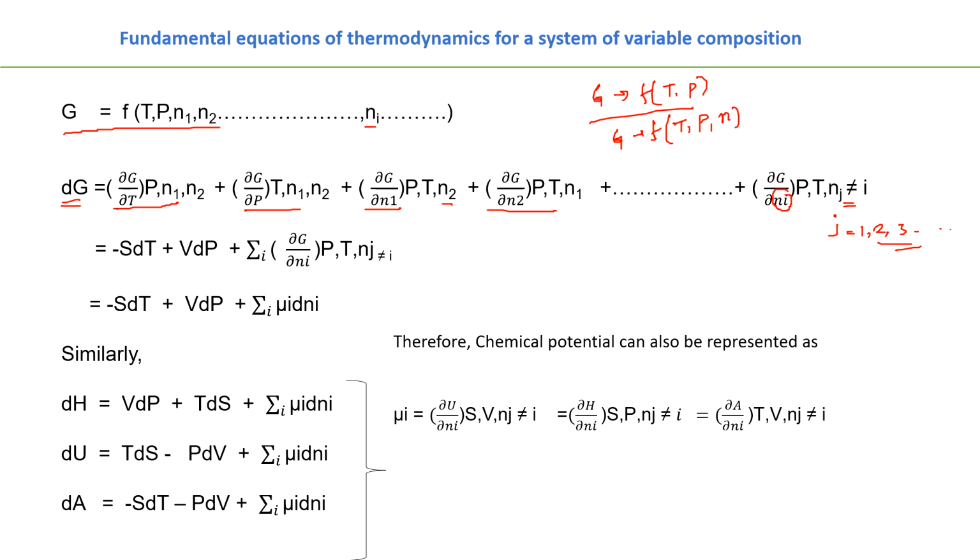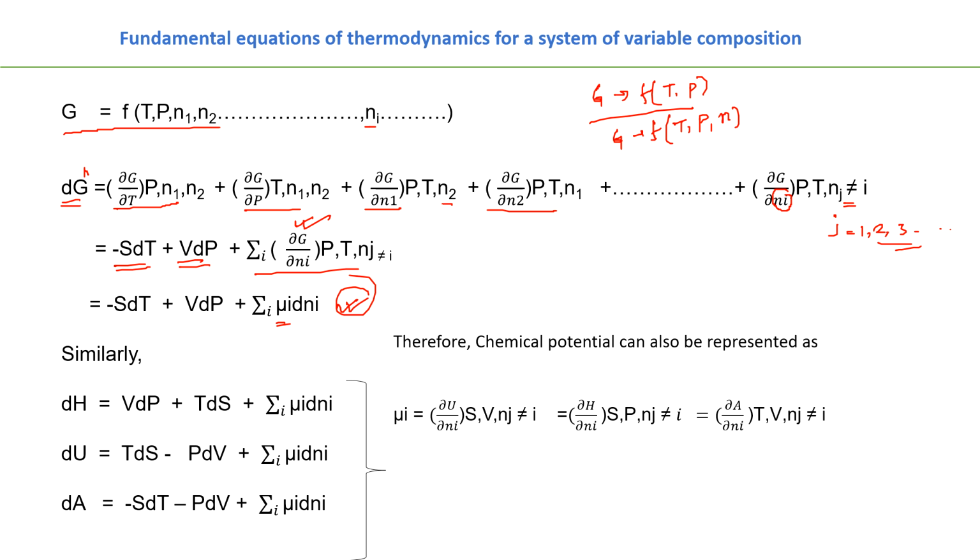So what we get? Minus SdT, we know this from classical thermodynamics, this is VdP, and this is del G del Ni at constant P, T, Nj. Now this expression we have derived in the last class, because this is equal to mu i. So overall the equation comes as dG equals minus SdT plus VdP plus summation i mu i dNi. So this is one fundamental equation based on considering Gibbs free energy.